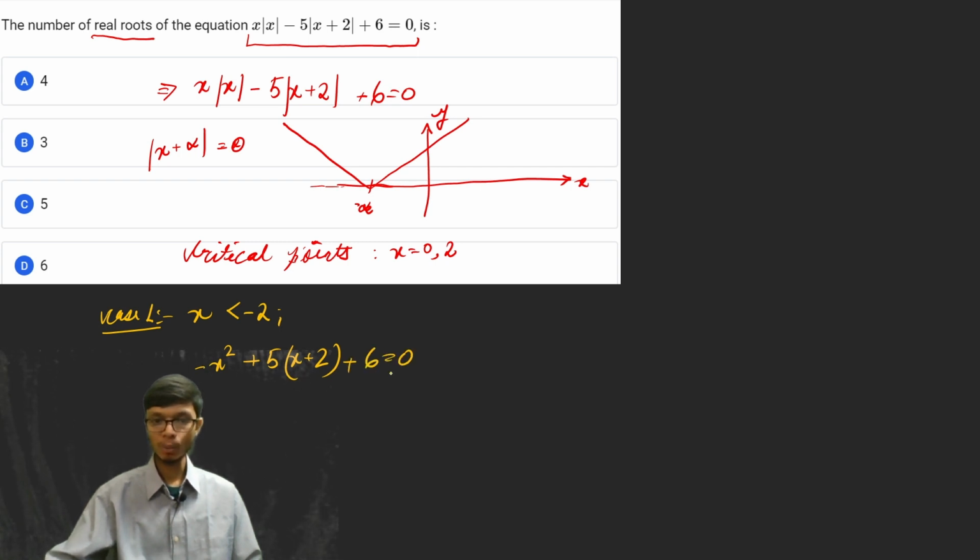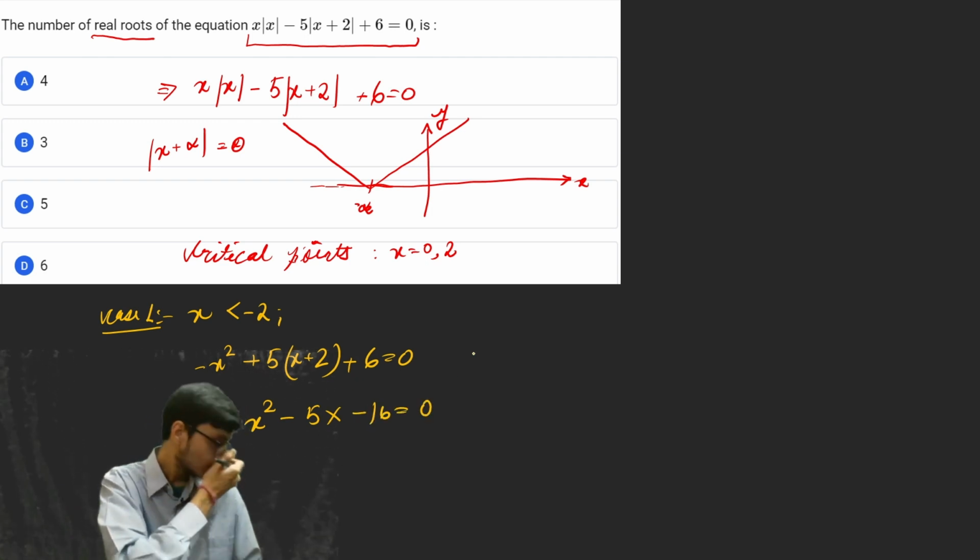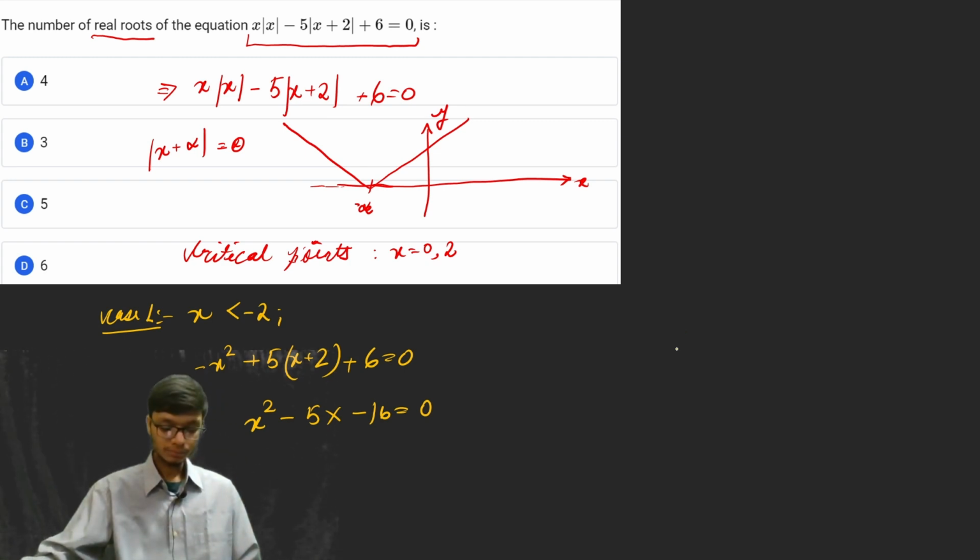So if I take minus common from this equation, the equation I will obtain is x square minus 5x, and over here minus 10 and minus 6 is basically minus 16 is equal to 0. And from here I will get the value of x.